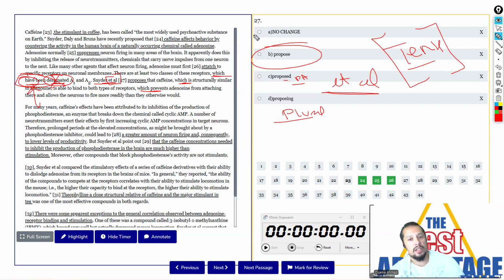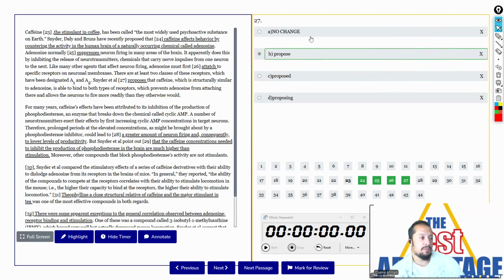So answer C in the past doesn't work. Have is present, but we also have is, prevents, allows. All these verbs in the same sentence are in present tense. So that shouldn't have been something you did.